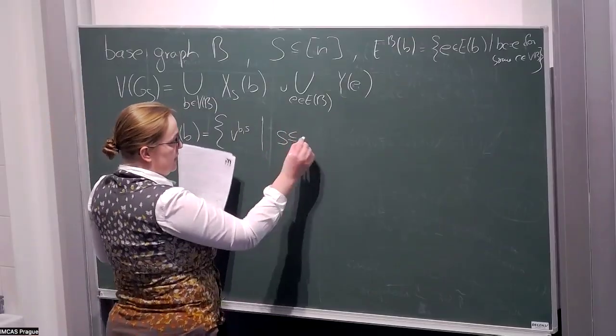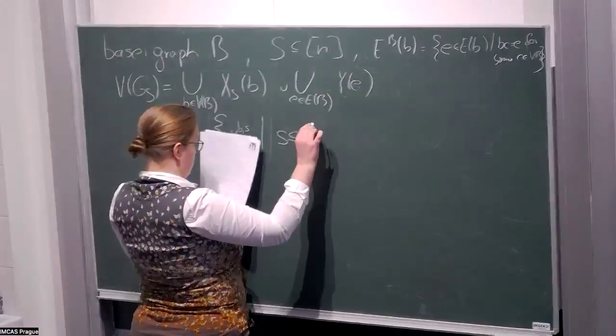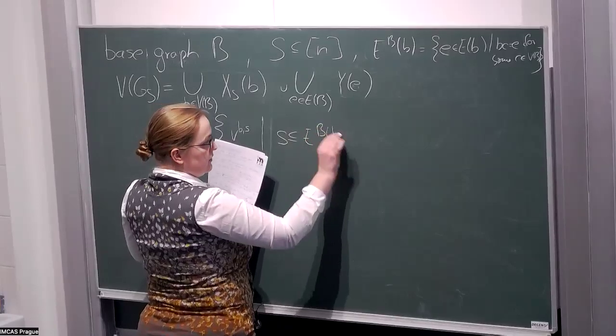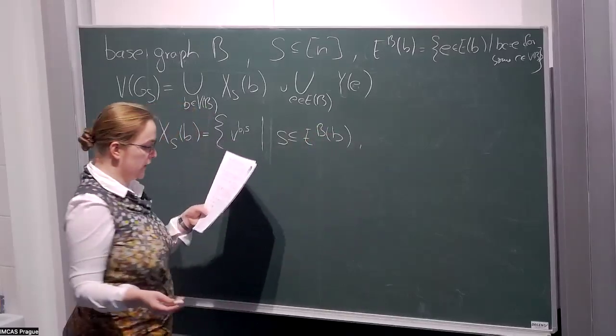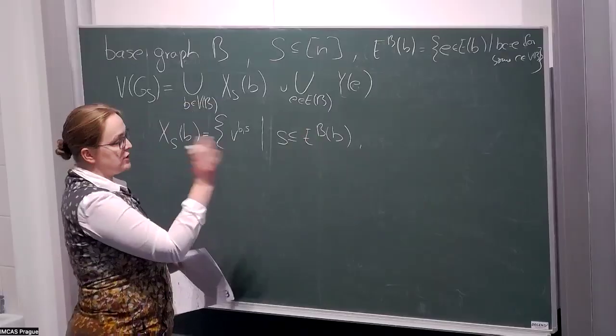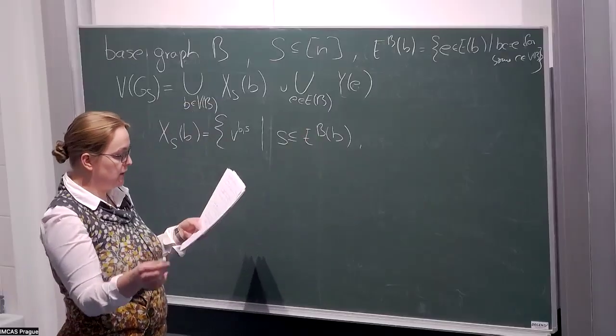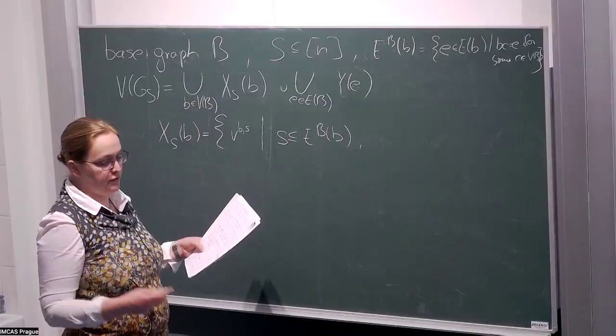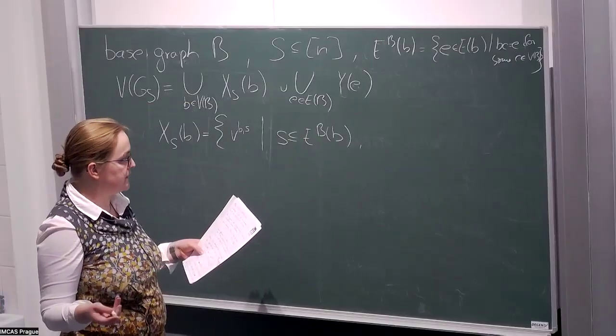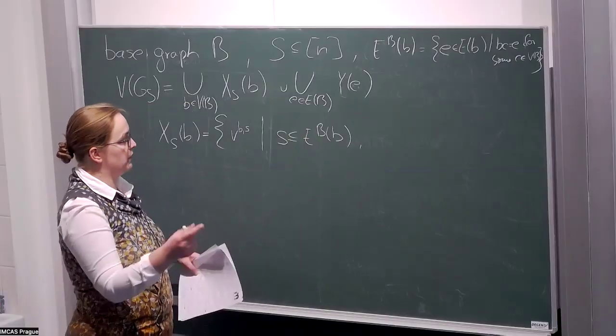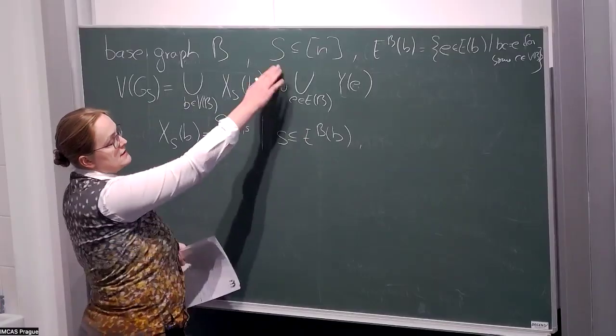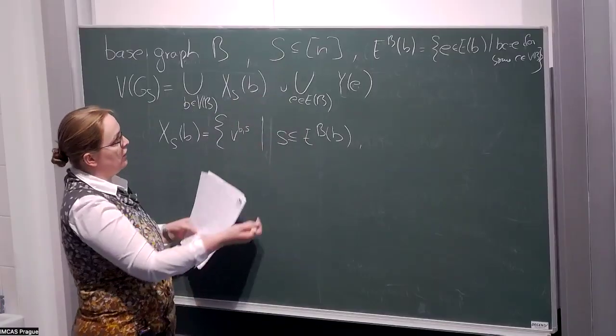So we look over all S in B. But we do not include a vertex for each of those subsets, but only for those of a certain parity of cardinality, and this depends on whether the B is in the subset S or not.